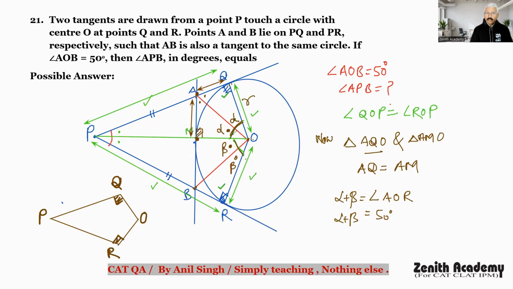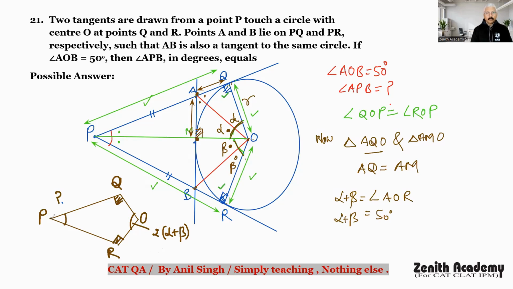And here 2 alpha plus 2 beta. So this is going to be twice alpha plus beta. And this angle is to be found out.